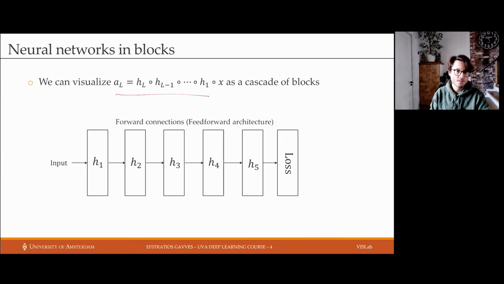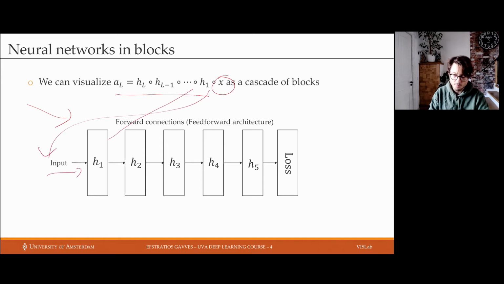However, this notation is still not as clear to the eye, in the sense that we don't easily see the connections and the interactions between the different functions that comprise our neural network. So alternatively, we can resort to a graphical representation of the neural network, like in this example here. In this case, our input x is pushed forward to our first block.